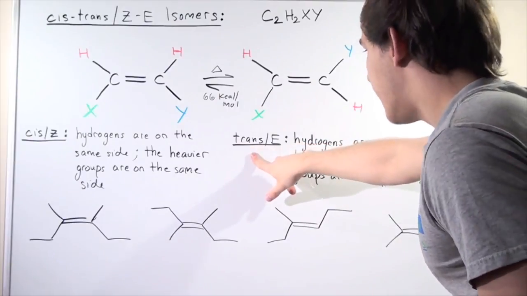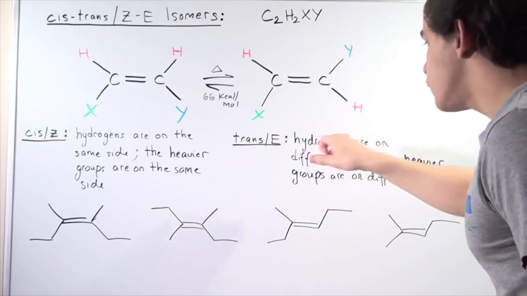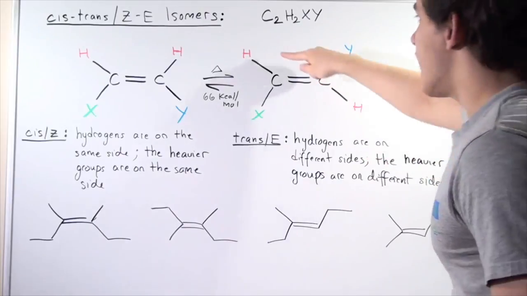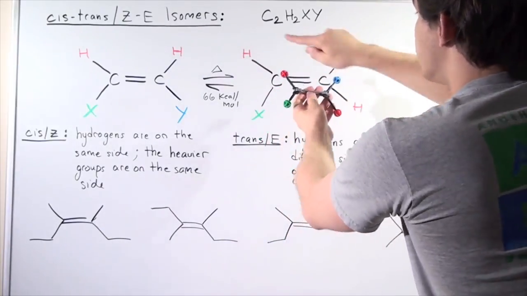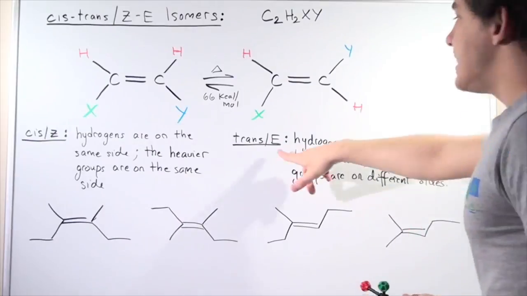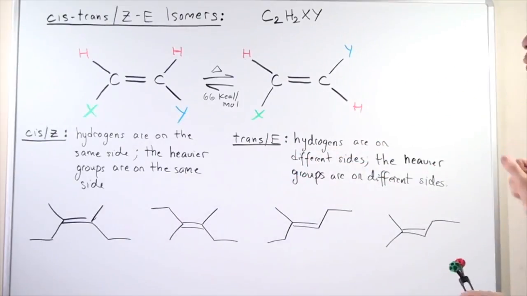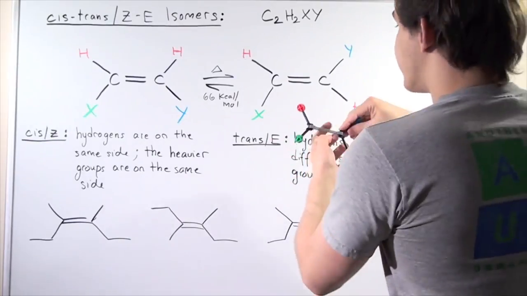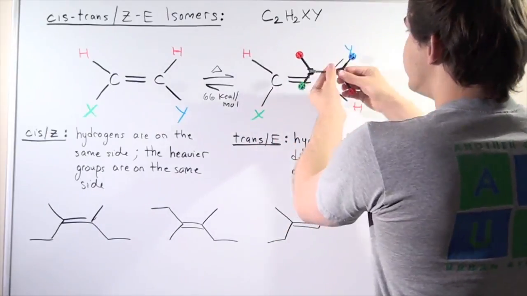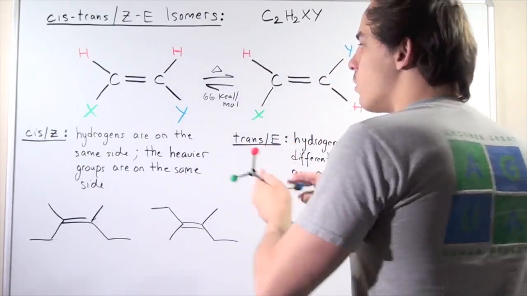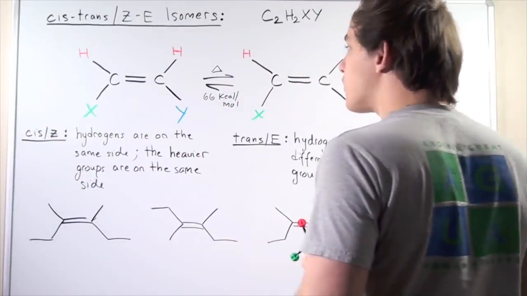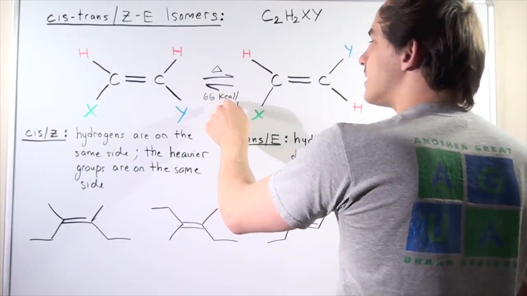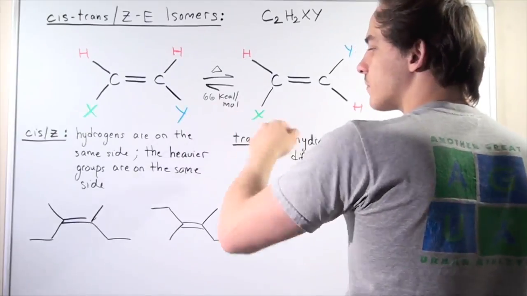Trans is defined the following way: hydrogens are on different sides of the plane. X and Y on different sides, H and H on different sides. And E is defined as the heavier groups being on different sides. Now, these two are isomers to one another, and they're separated by 66 kilocalories per mole.